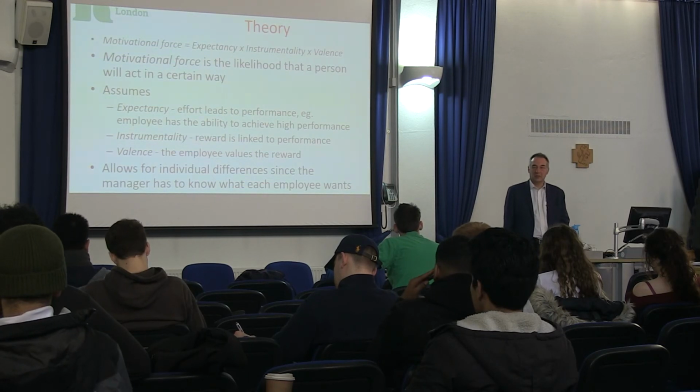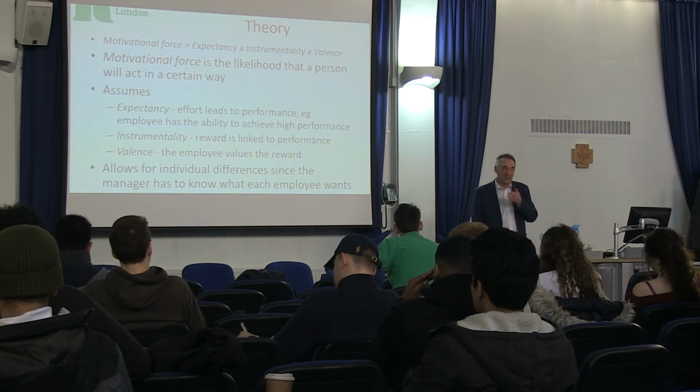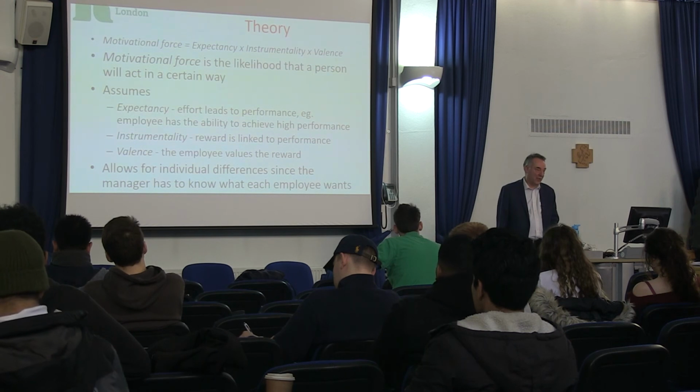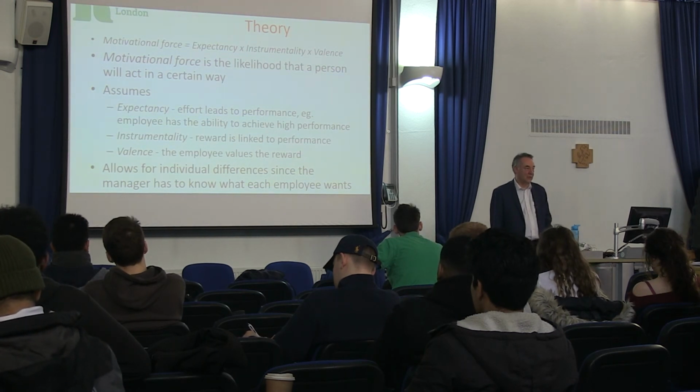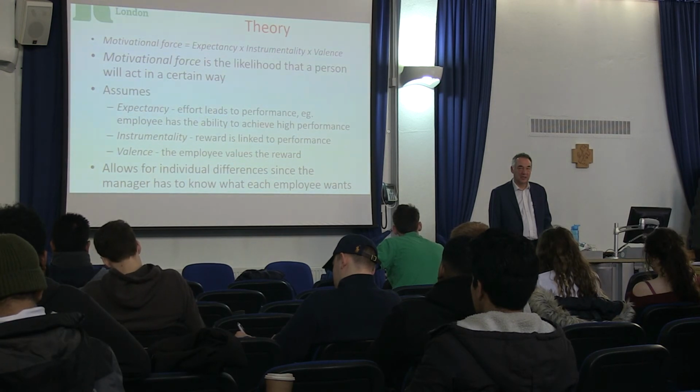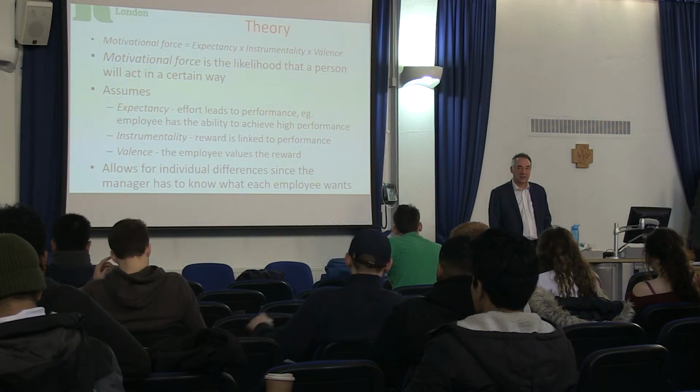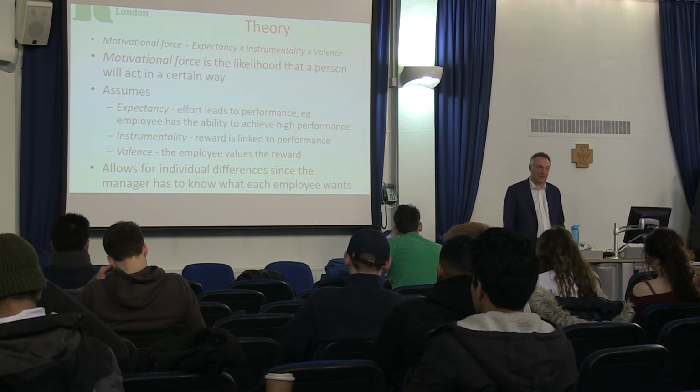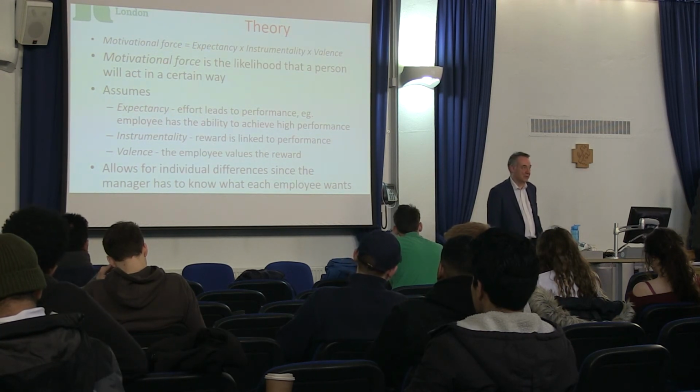So let me give you an example. Supposing you're a manager, you have a team of people, one of whom is a young guy who's really into cars, and he wants to get a better car. You know, he wants something that goes a bit faster, makes a better noise, that sort of thing.